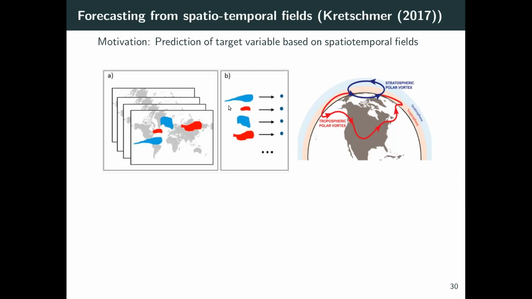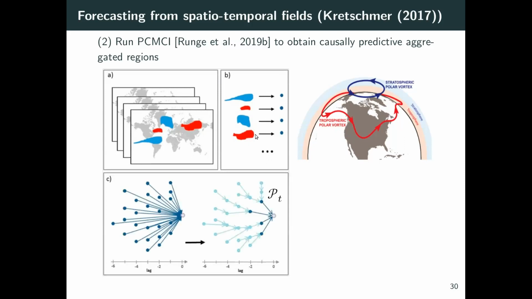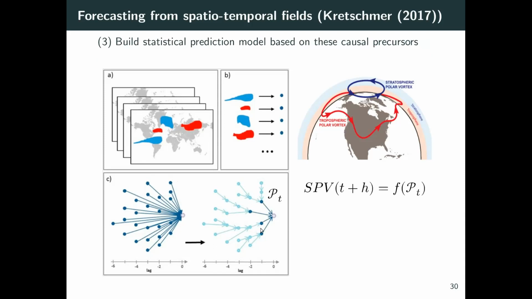In this work, we used a kind of supervised dimension reduction with the stratospheric polar vortex as the target variable, to identify regions with a high relationship with the target variable, which would then be those clusters. Then you run causal discovery based on these aggregate regions with the target variable and identify a subset of causal predictors. This then builds a more parsimonious prediction model of the stratospheric polar vortex at some lead time as a function of these causal predictors.